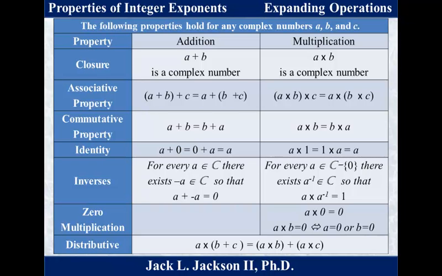We'll see a little bit later on as we define addition and multiplication that when you add two complex numbers, you'll get a complex number. When you multiply two complex numbers, you'll get a complex number. Addition is associative, so if you add A plus B first and then add C, that's the same as adding B and C first and adding that to A. And same way for multiplication. It's also commutative. A plus B is the same as B plus A, and A times B is the same as B times A. So both addition and multiplication are commutative.